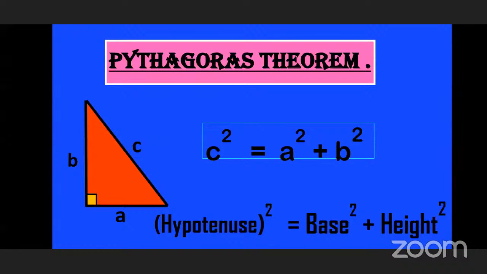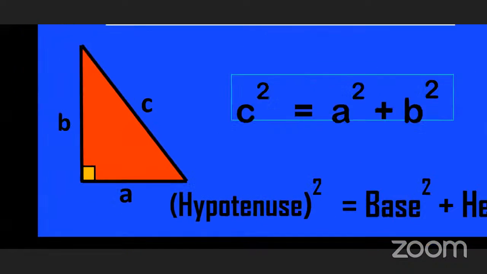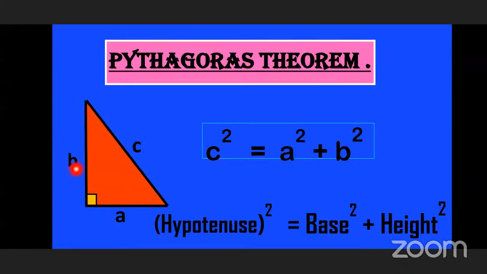So, children, Pythagoras, the great Greek mathematician, discovered the formula c square equals a square plus b square. Where C is the hypotenuse and A and B are the two legs of the right angle triangle.